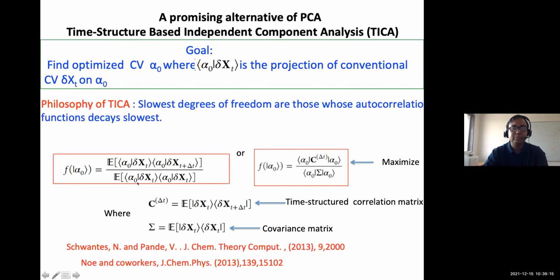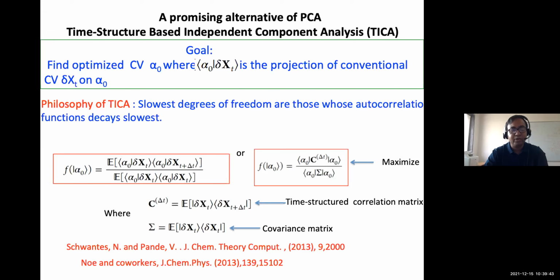But of late, what is becoming more and more popular is that, apart from dimensions which give rise to maximum variance, what we are really looking for is the rate-determining step in a particular process. So many times the kinetically slow coordinate, that means the coordinate along which the process we are looking at, whether it's protein folding or a chemical reaction or protein-ligand binding, has the slowest component, might also be more important.